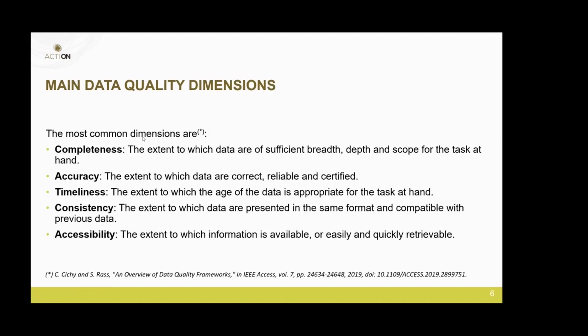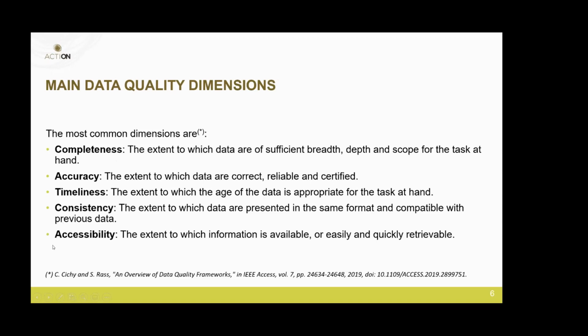As far as the dimensions are concerned, let's start with the quality dimensions. Here I listed the five dimensions most cited in the data quality frameworks. I put a link to a study which analyzed more than 13, if I remember, data quality frameworks, and these are always cited as the most important. You can also find them in the collection of requirements you listed before, in the slides I showed you with all your replies, because some of you told me about completeness, accuracy, timeliness, also consistency and accessibility.